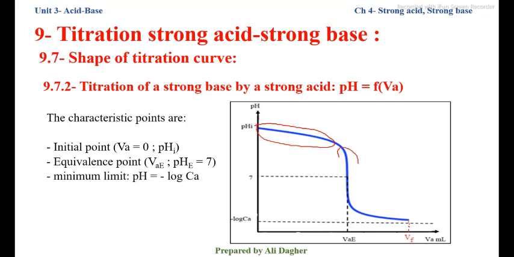Second part, the pH decreases rapidly and the curve presents an inflection point, which is the equivalence point E. Third part, the pH decreases slowly again and forms another flat line and tends to a minimum limit, which is the pH of the strong acid solution in the burette, minus log Ca. Take the final volume. Do not exceed the final volume.